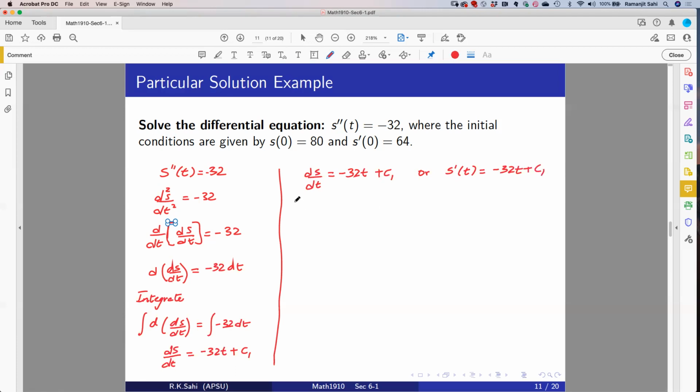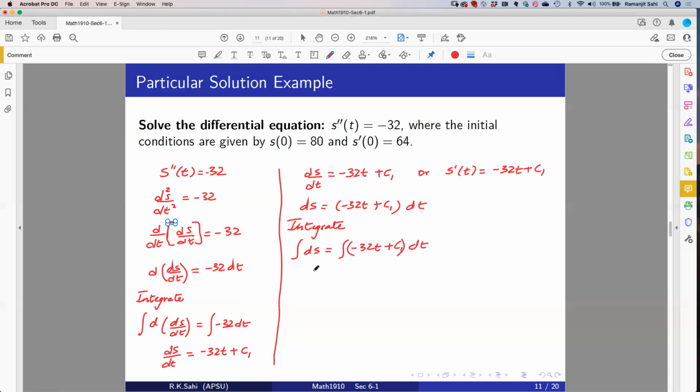Continuing further, I can write the equivalent differential form as ds equals (-32t plus c1) dt. Once again, we integrate, and we get s equals the integral of (-32t plus c1) dt.